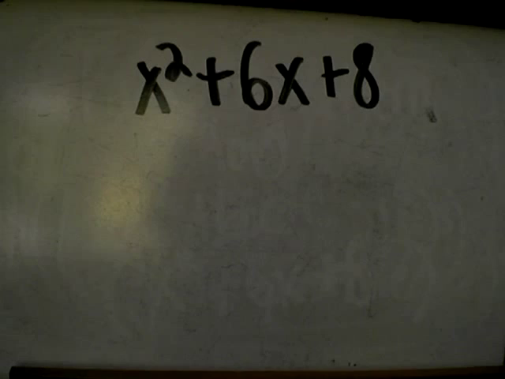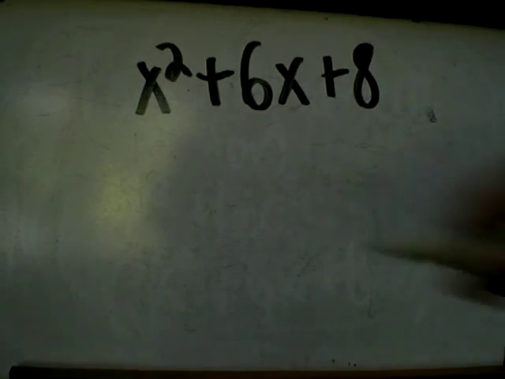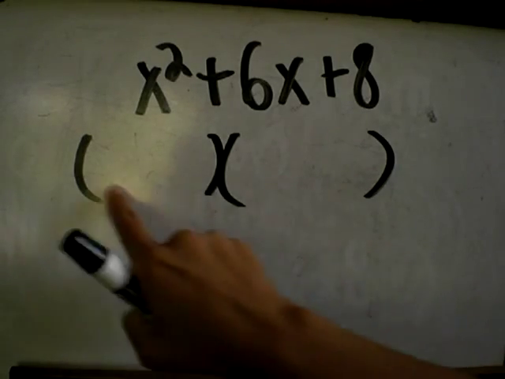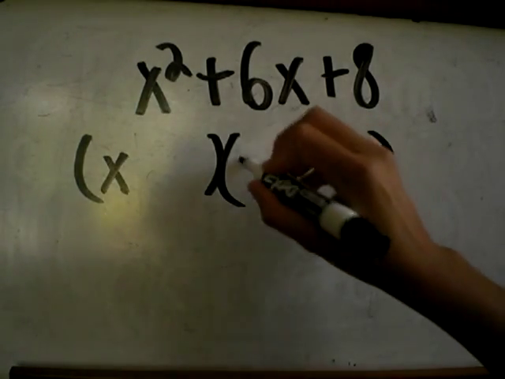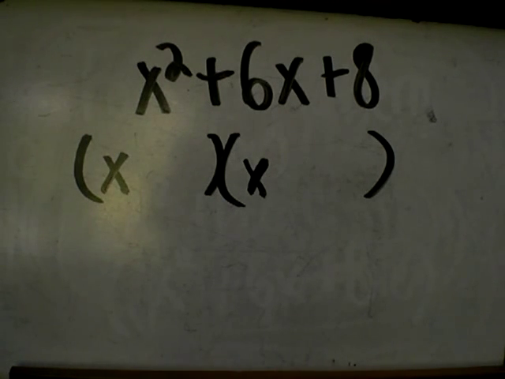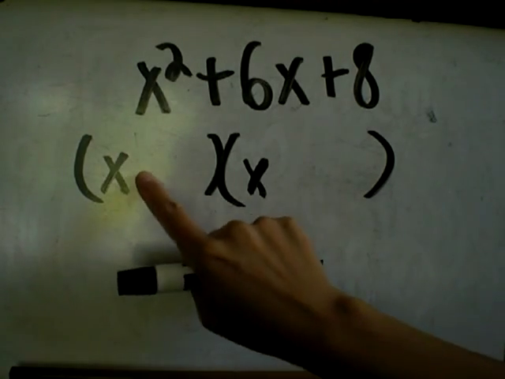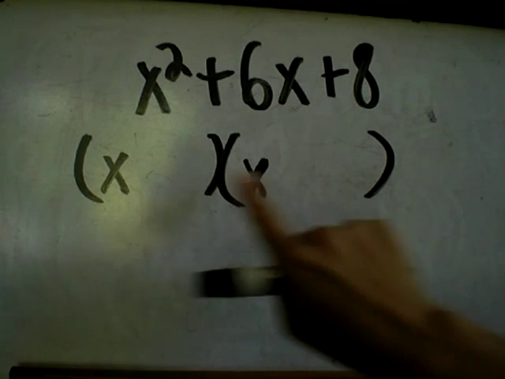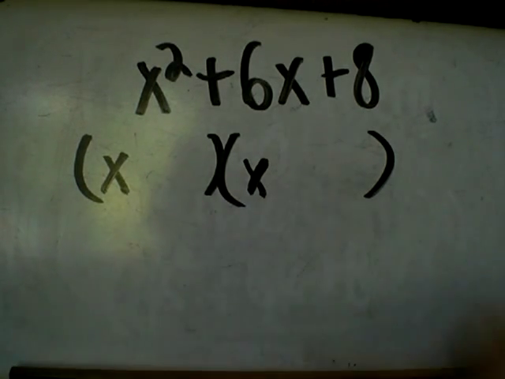So now our pattern looks like this, where we have our x's right there. And now we have to figure out, will our signs be both positive or both negative?